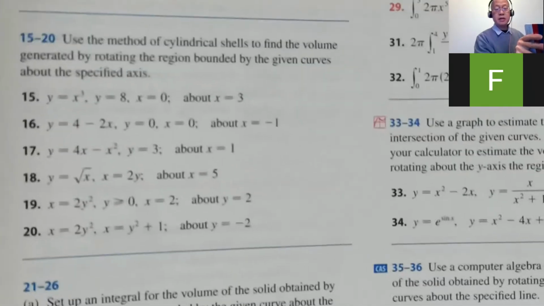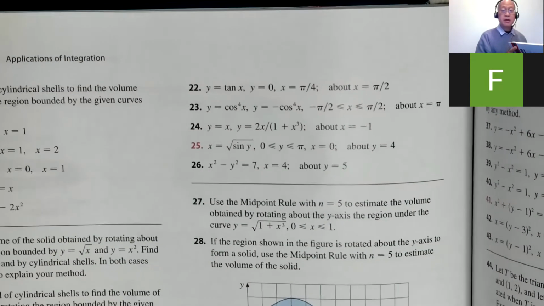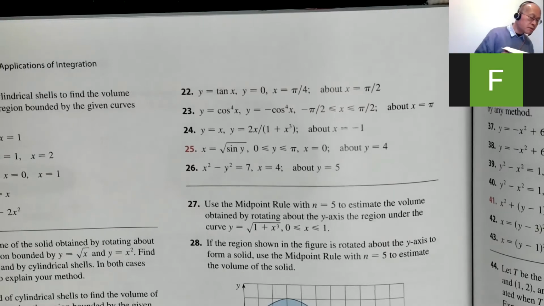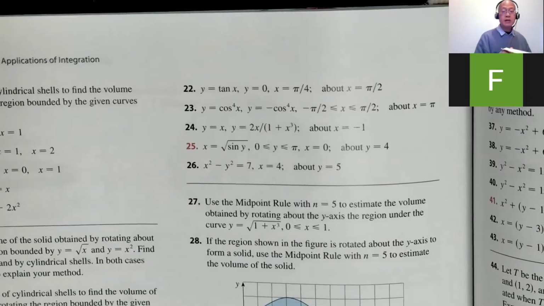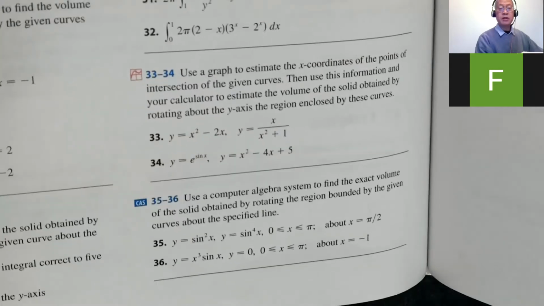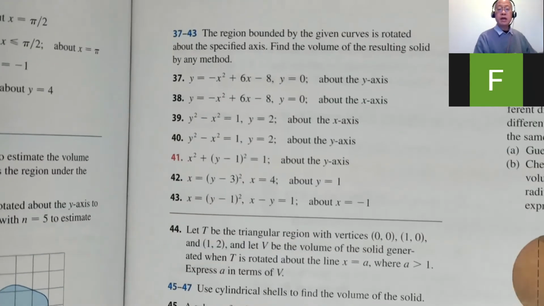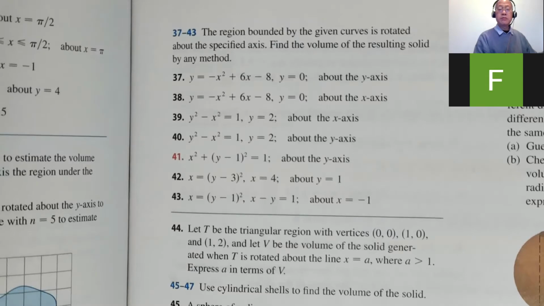I don't think you had to do that one. How high did we have to go up to? 43, I guess. So 37 to 43, let me aim it so you can see it better. Okay, you should be able to see all the problems.